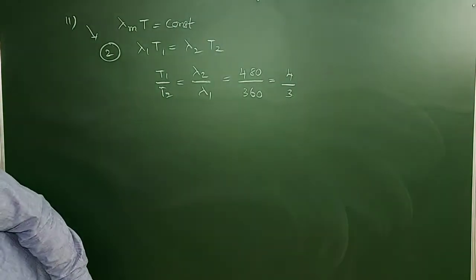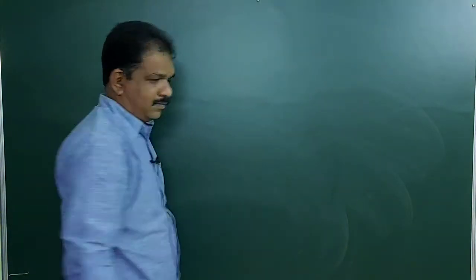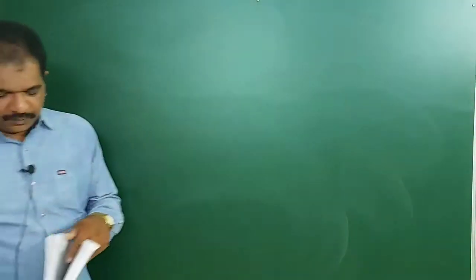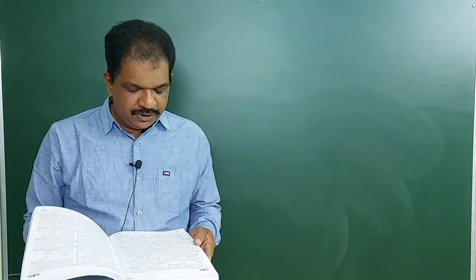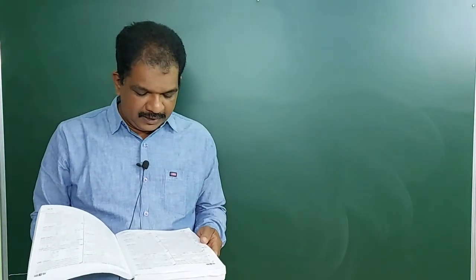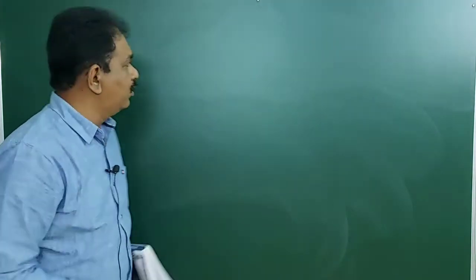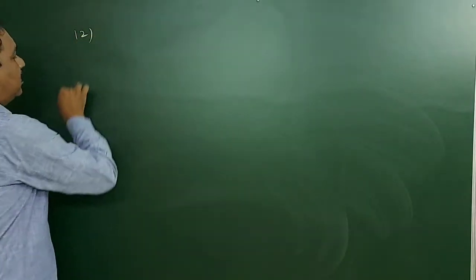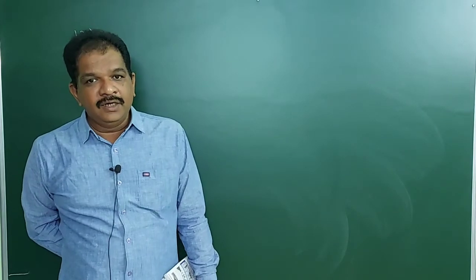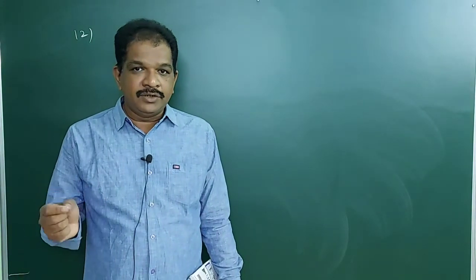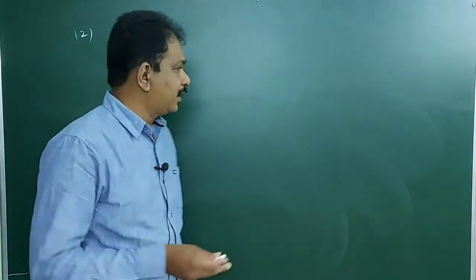Next, 12 you see. Water is heated from 0 degrees centigrade to 10 degrees centigrade. Then what will happen to the volume? Due to anomalous expansion of water, if we increase the temperature from 0 to 4 degrees centigrade, water will contract.